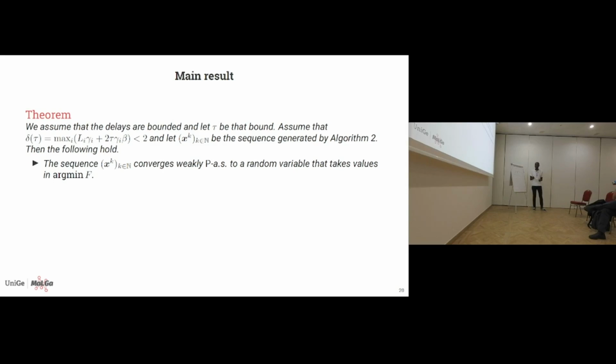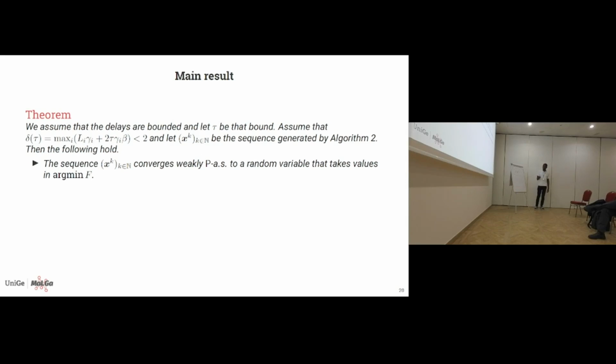So the delay is bounded. If you are familiar with first order methods, if you take tau equal to 0, basically you're asking your step size gamma_i to be less than 2 over L_i, the smoothness. So when tau is 0, you are not in the asynchronous case, you are in the normal case, so you get the normal step size.